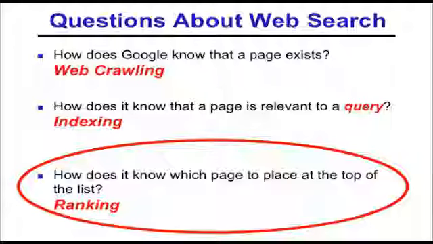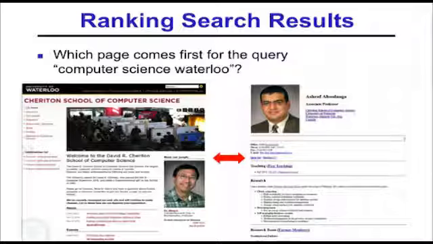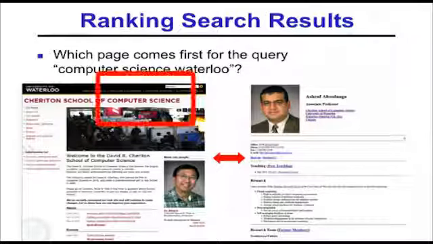So we found all the web pages that refer to or talk about computer science in Waterloo. Which one should we show first? And this is the question of how to rank the web pages, web page ranking. So I showed you 2 pages, and both of them have the words computer science Waterloo. The School of Computer Science web page has the words computer science, and somewhere there's going to be University of Waterloo up there.